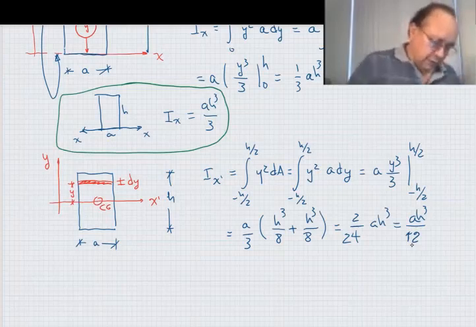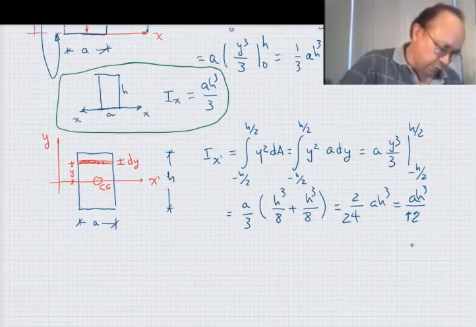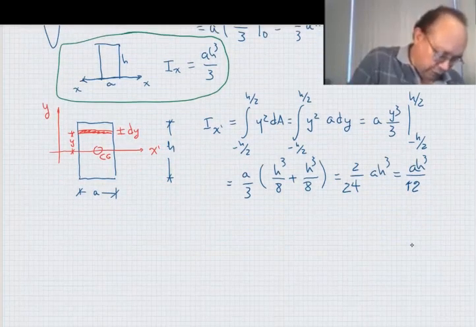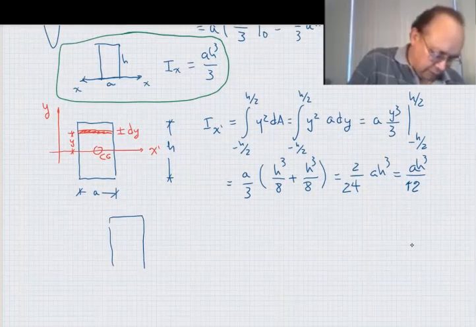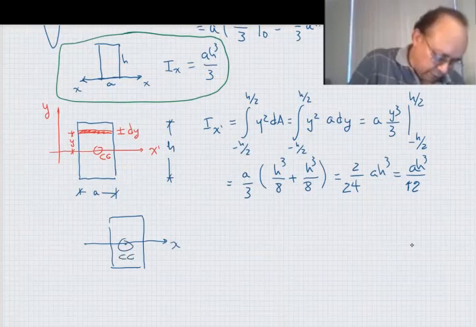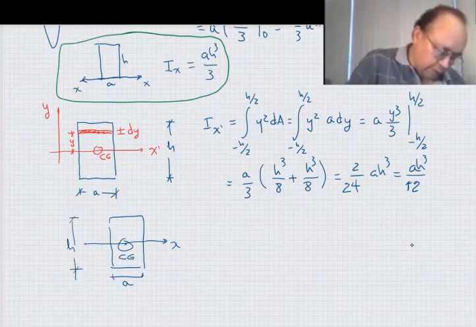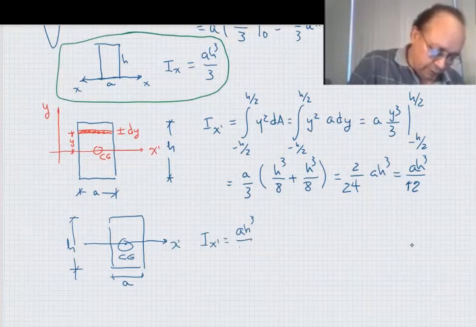All right. So that's the second finding. Right? Now we have two. Now we have that if you have a rectangle and you have the axis of rotation going through the center of gravity, and this is A and this is H, the moment of inertia, x prime, is equal to A H cubed over 12.